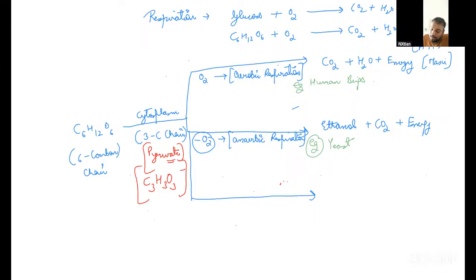And the third one is called lack of oxygen, which is also anaerobic respiration. This is also an example in human beings and animals.